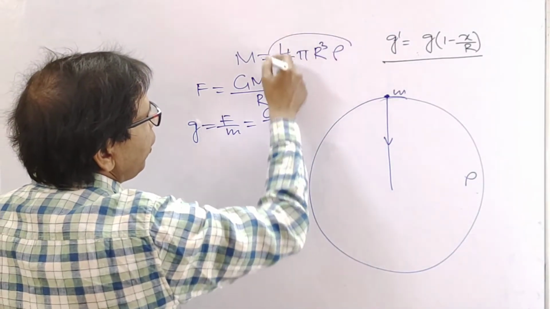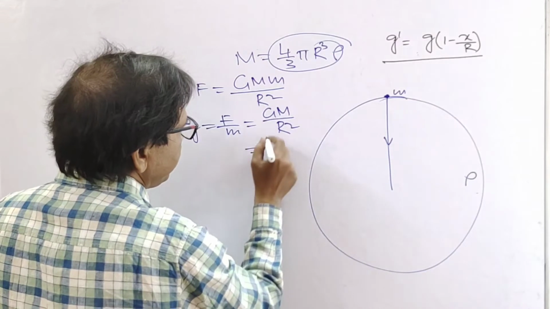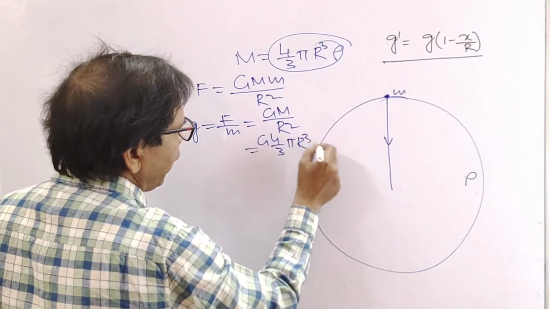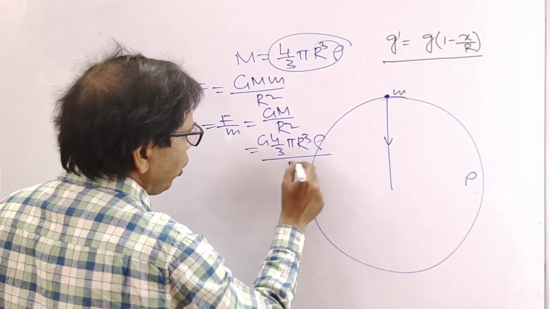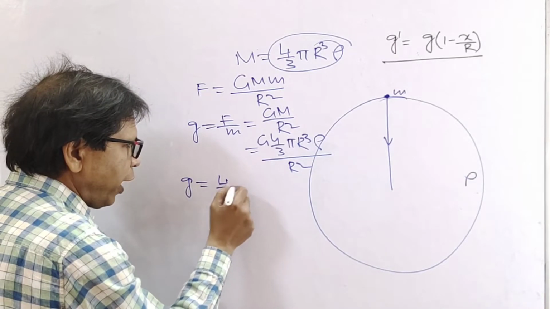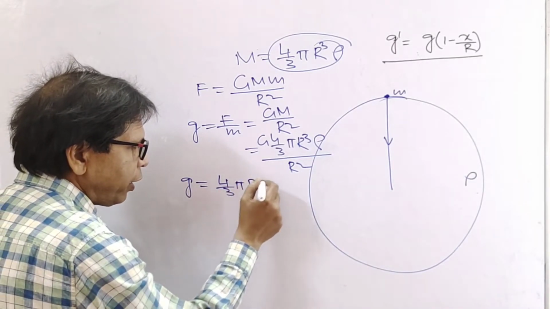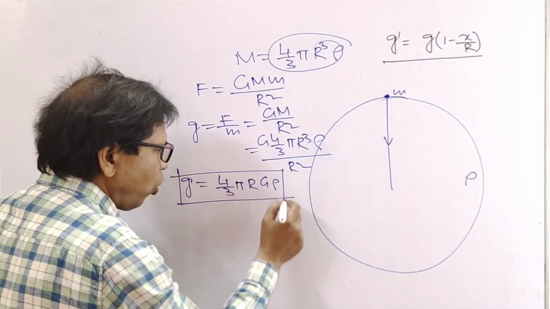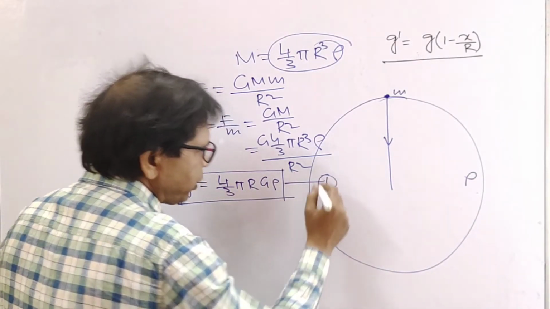Now if we put the value of M, we get G into 4/3 pi R cube rho by R square. So g equals 4/3 pi R rho G, which is the acceleration due to gravity on the earth's surface.